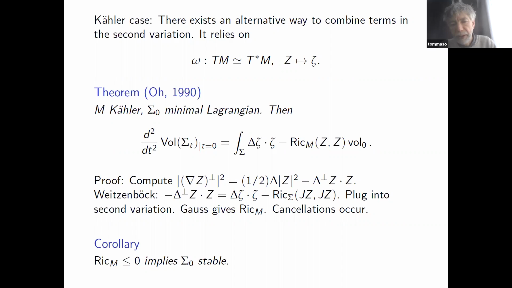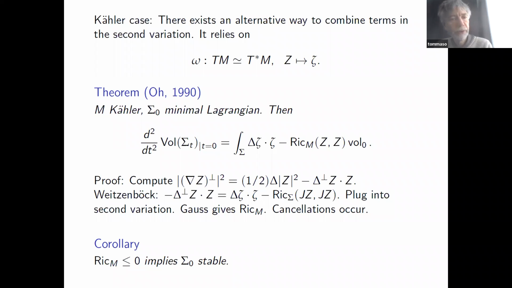The first piece is a Laplacian, and it provides a positive contribution. And so that goes in the direction of stability. And the second piece is better than the previous term I showed you, because this is the Ricci tensor rather than the general Riemannian tensor. And so this new formula shows that you can control stability only using the Ricci curvature of the manifold, of the Kähler manifold, not the full curvature tensor.